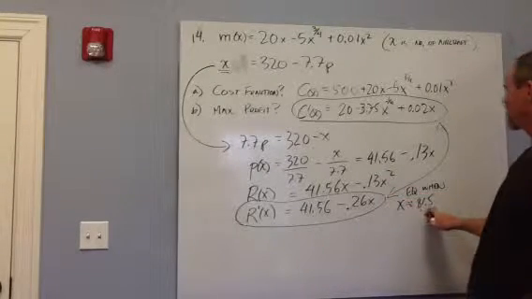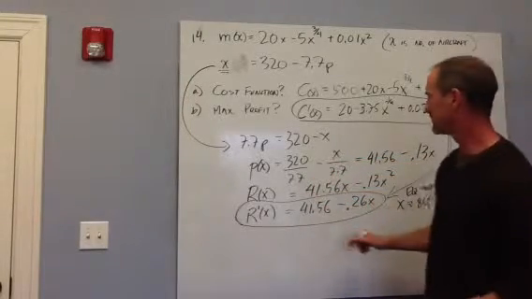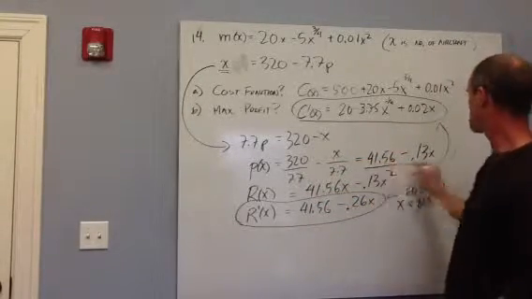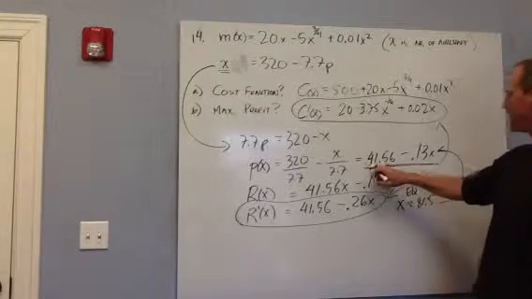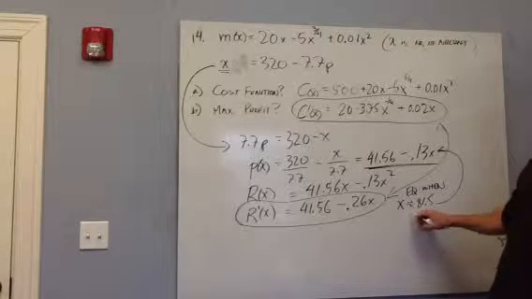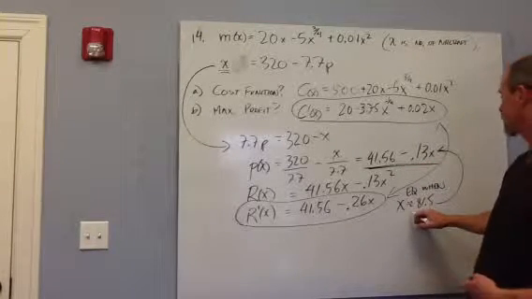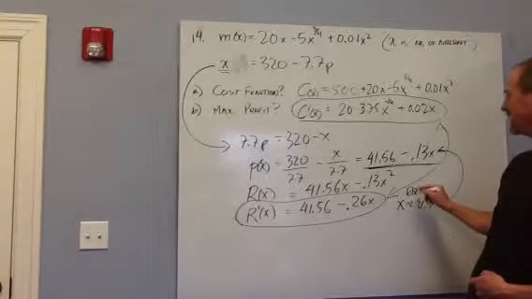If you want to know how much they should charge, then you can go up to this function right here. We could plug that in, and 41 minus 0.13 times 81 will tell us how much we should charge for each airplane. When you multiply these, it's very close to about 10, I think.